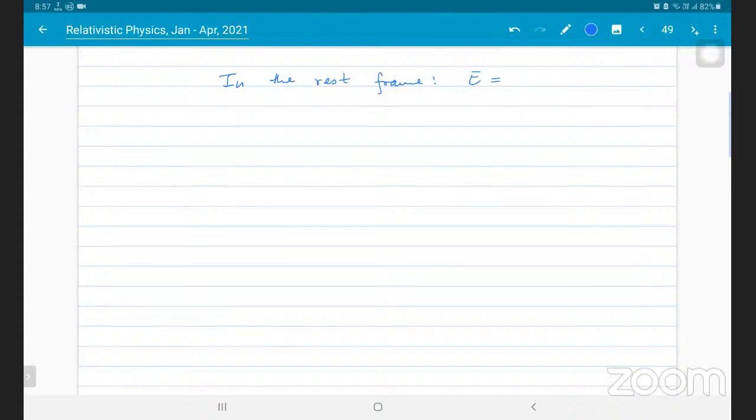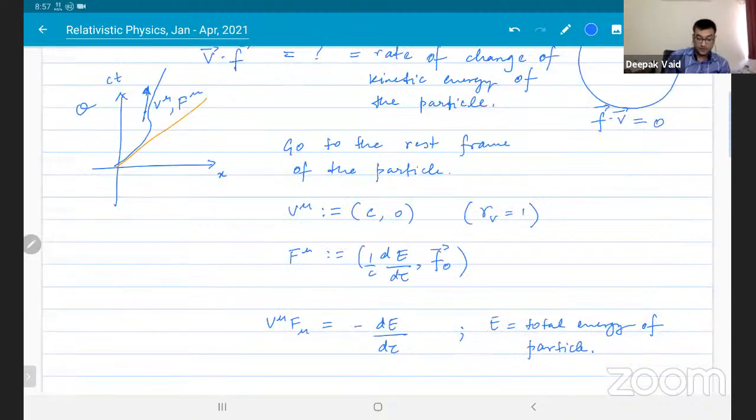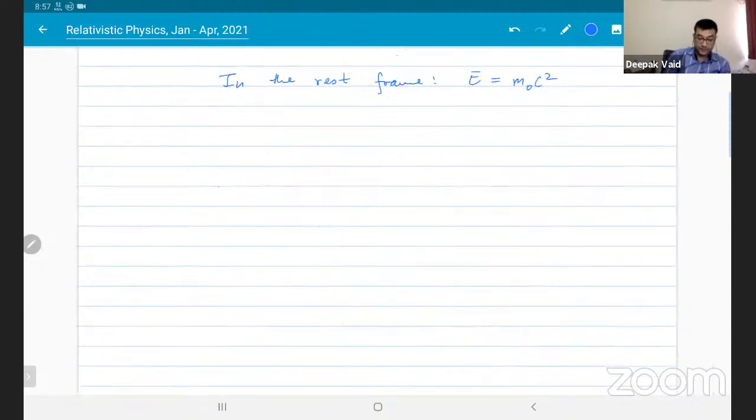M naught c square. So in the rest frame of the particle, the dot product of the four-velocity of the particle and the force acting on the particle is equal to minus c square d m naught by d tau.